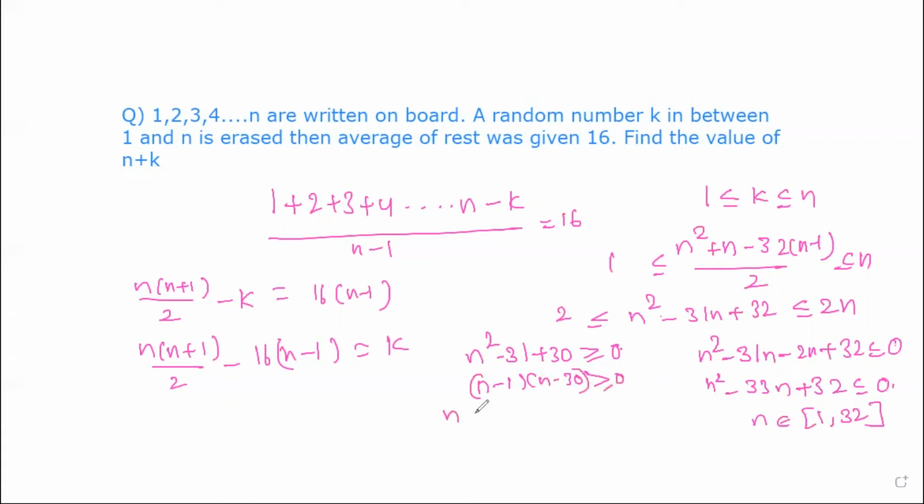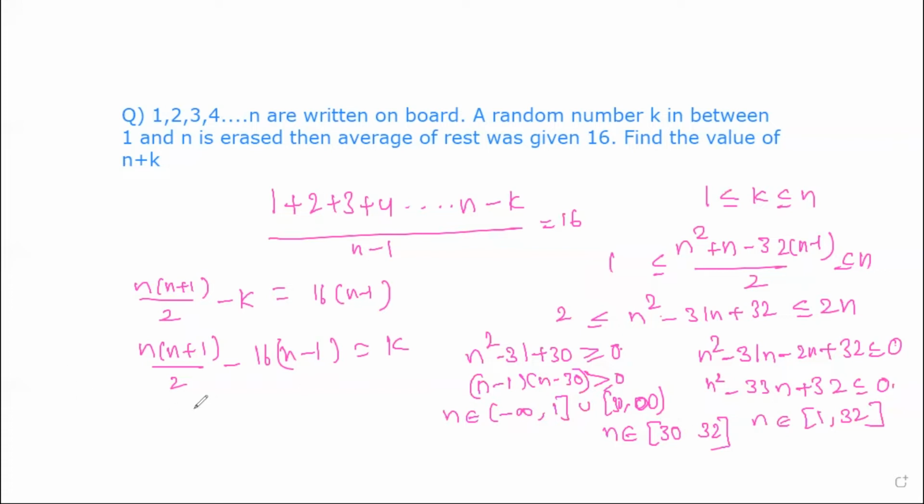So this gives a solution n belongs to minus infinity to 1, union 30 to infinity. So the common solution where n can belong is 1, and 30 to 32. So n is a value which can lie between 30 and 32.